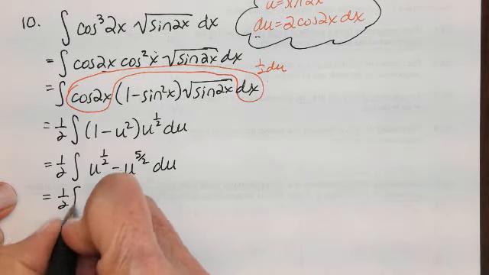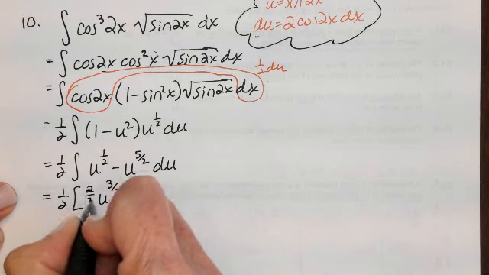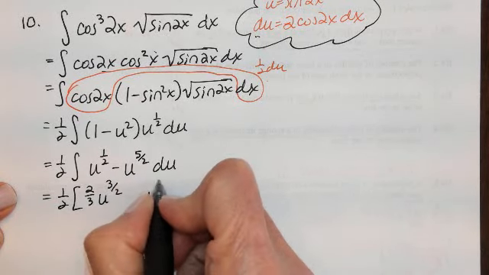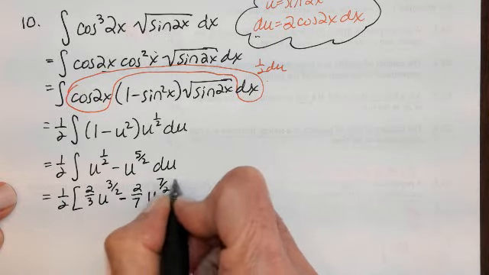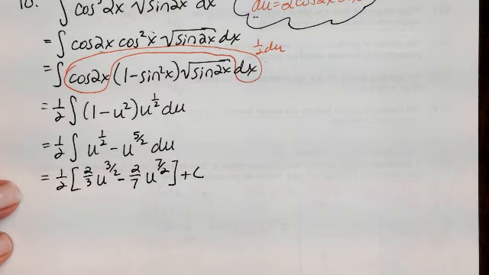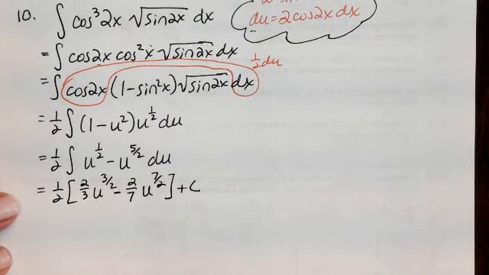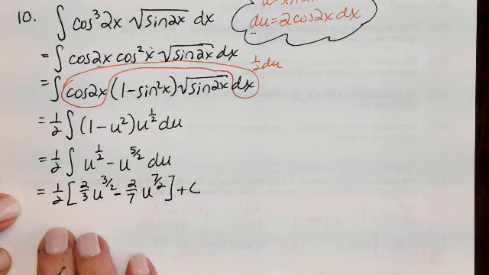So we'll have u to the 3/2 times 2/3, and then over here we'll have u to the 7/2 times 2/7 plus c, right? These were the ones you remember way back that we factored things out of. Do you remember factoring things out of?